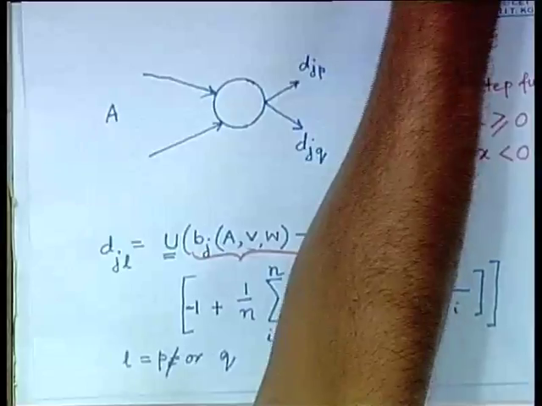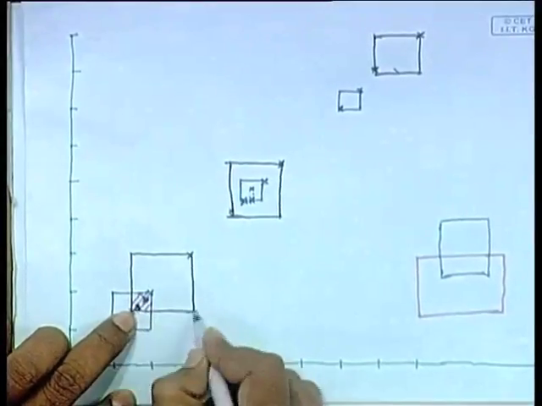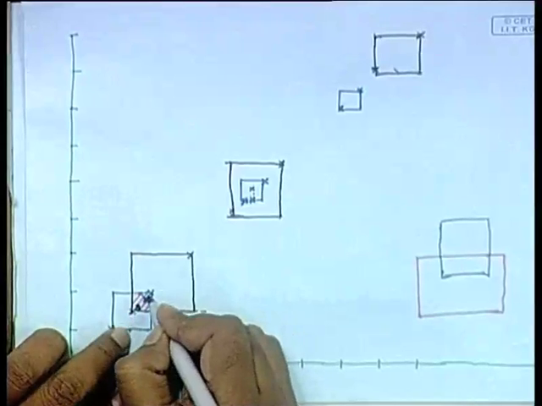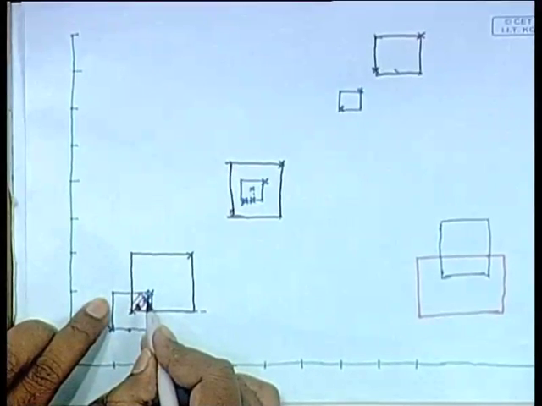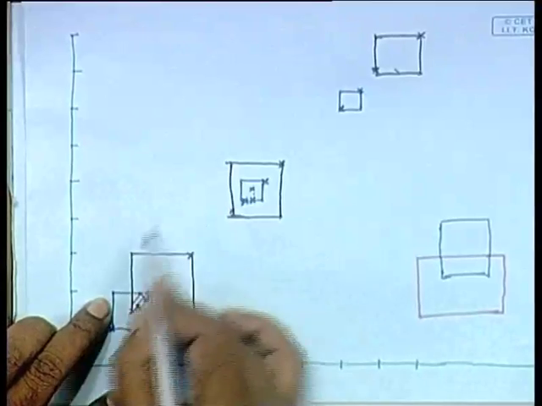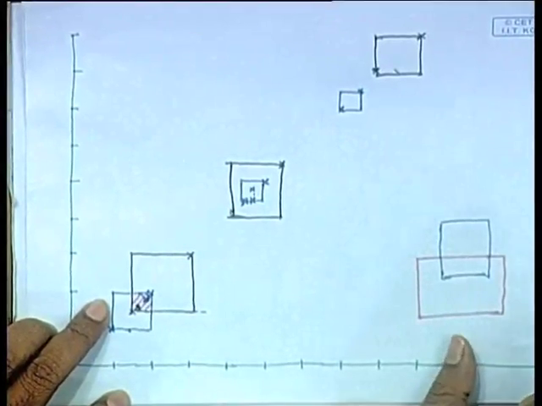Is that okay? So, as a result, within the overlapped region, what we get is somewhere over here the membership function computed to this class will be more, and somewhere over here the membership function computed to this class will be more. Okay. So, that is what is about the overlap compensation regions.